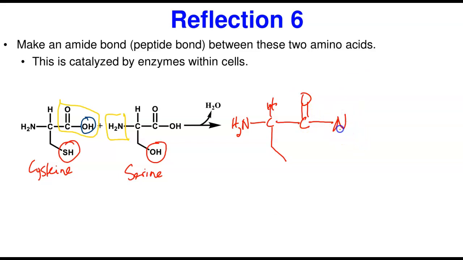Of course, this nitrogen still has one bond, but it has lost one of the hydrogens to form a water molecule. So we'll now finish this part. This will now be connected to this one here. And of course, this will give us this. Nothing happens here. And of course, this.